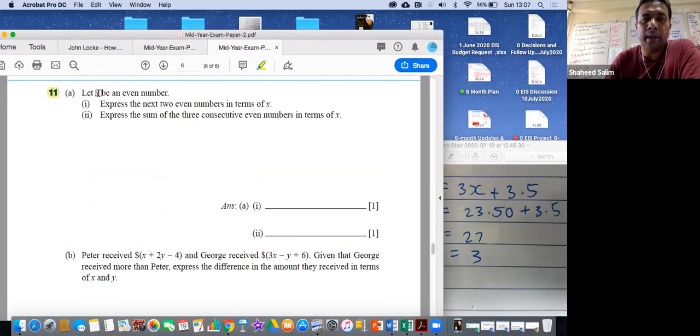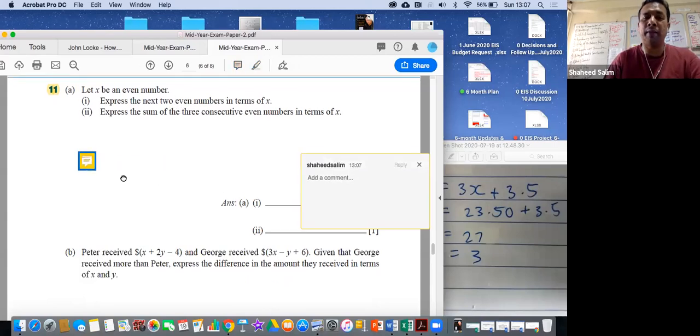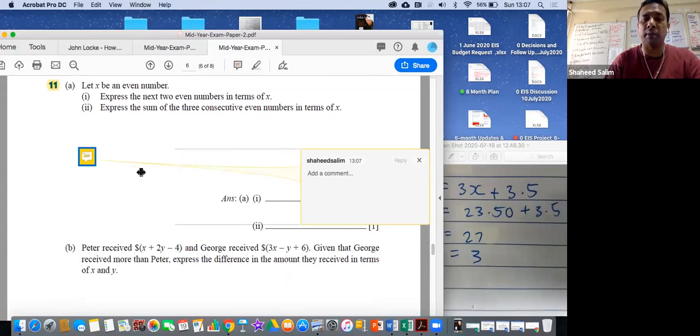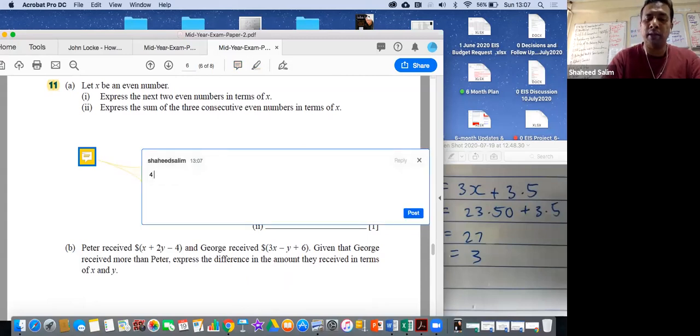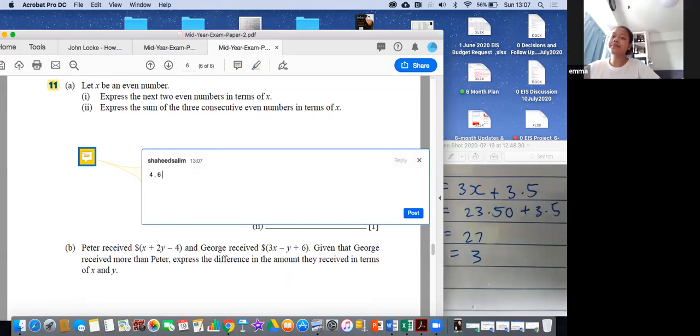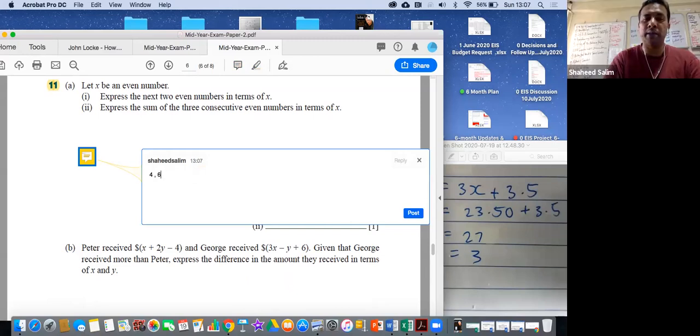Let x be an even number. Express the next two even numbers in terms of x. You know this even number. We are talking about consecutive numbers. So let's say it's 4. What's the next consecutive even number? Good. What's the next one after that? 8. So now if this is x, what's the next consecutive even number? x plus 2.